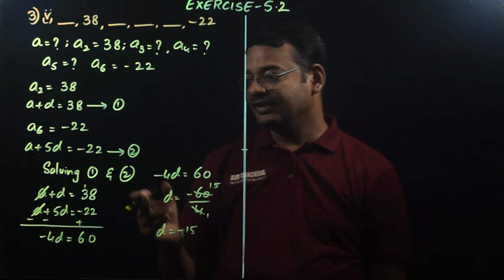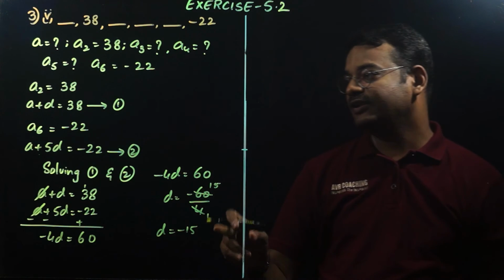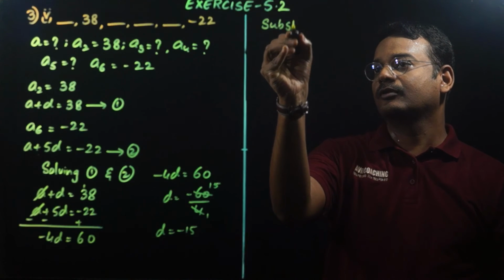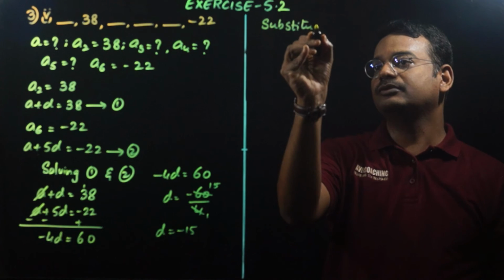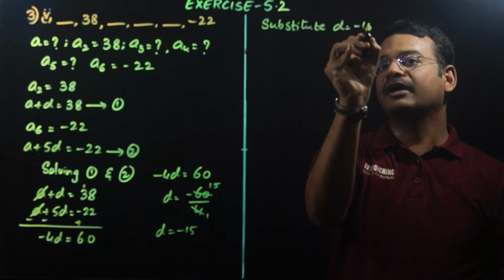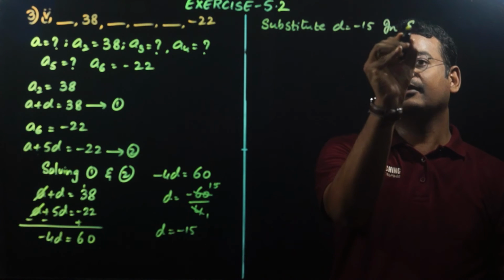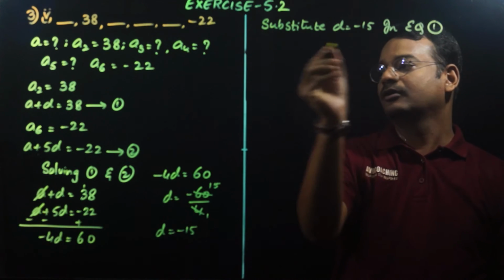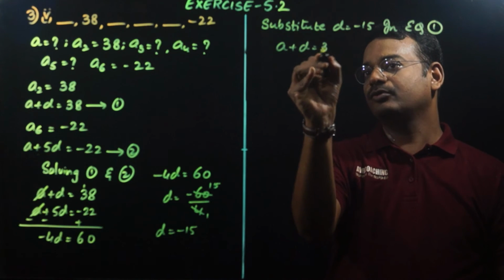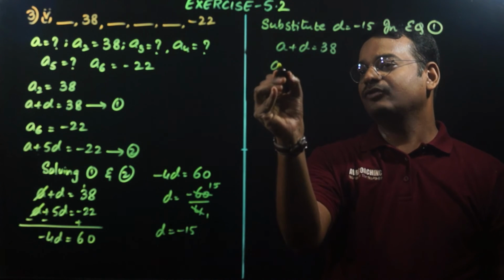So to get the A value, we will substitute the value of D in equation 1. Substitute D equal to minus 15 in equation 1. So equation 1 is A plus D is equal to 38. A value we don't have.